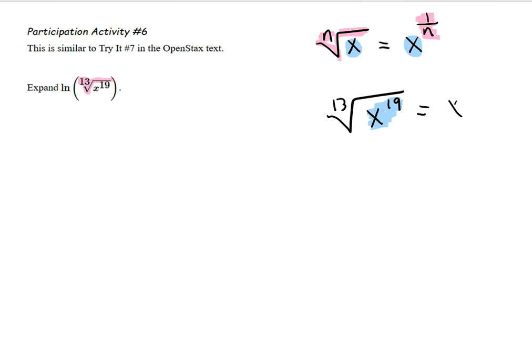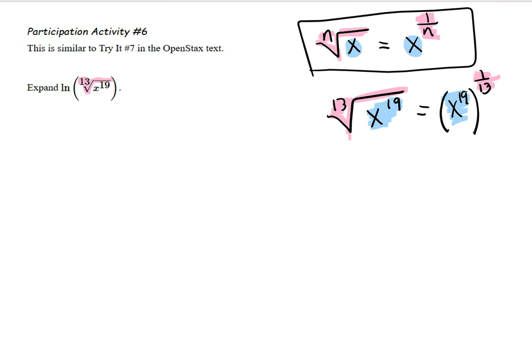So I have to take all of that x to the 19th, put it in parentheses, and raise it to the power of 1 over 13. So that's using this rule.